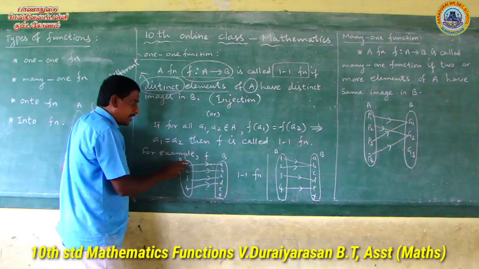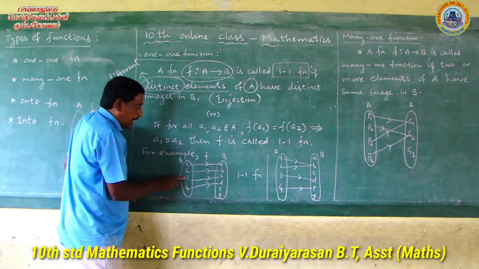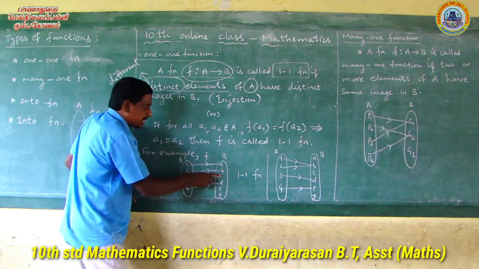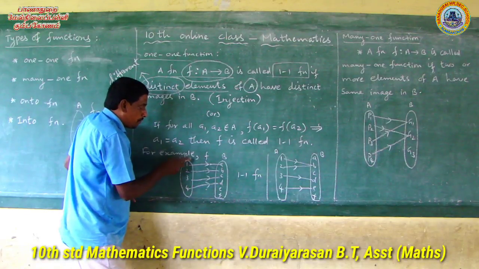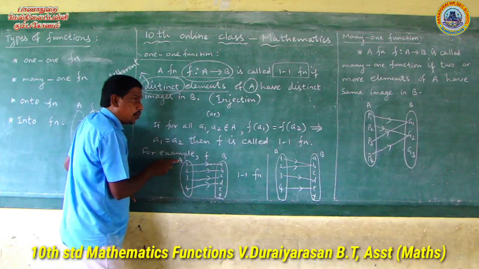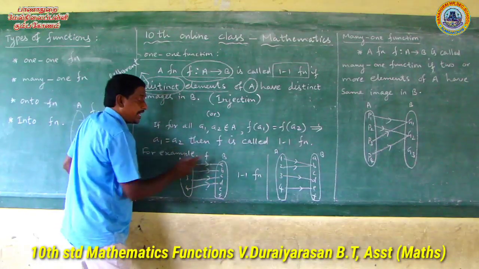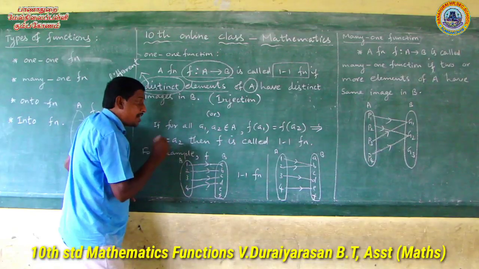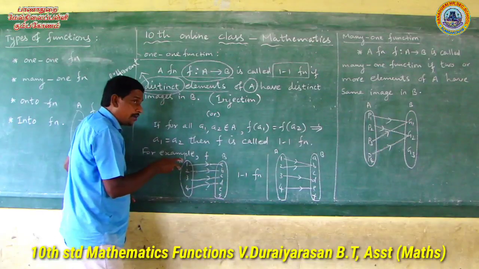The image of 1 is A. Image of 2 is B. Image of 3 is C. Image of 4 is D. 1, 2, 3, 4 are elements in the domain. All the elements have an image. Is the same image shared by two elements?